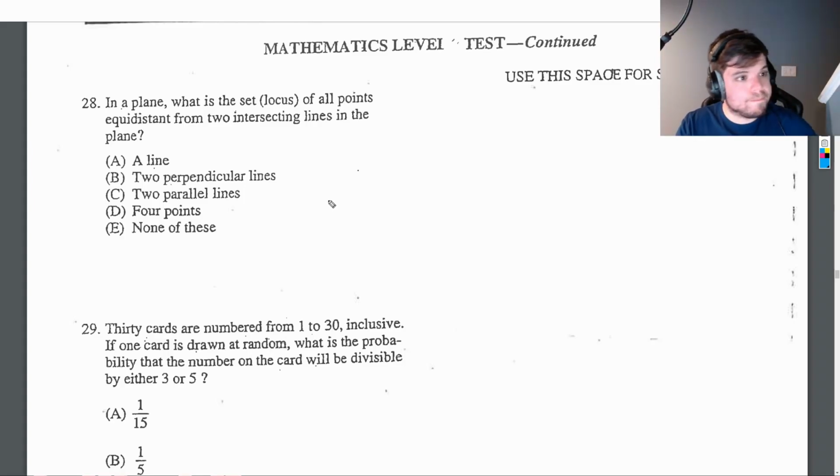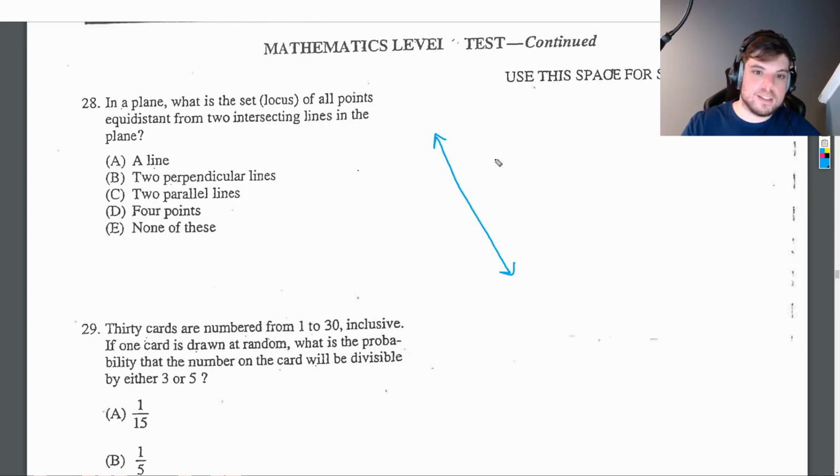This one's for you. In a plane, what is the set or locus of all points equidistant from two intersecting lines in that plane? All right, so we need two intersecting lines in a plane. We'll say that the plane is the page. We don't have to draw the plane. So we need two intersecting lines. Let's say one of those lines is like this. They don't have to be intersecting at a right angle. They just have to be intersecting. All right, we'll do that.